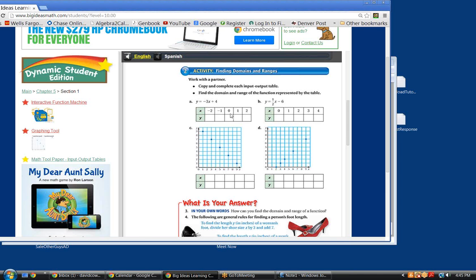But they want us to think about it in terms of a table, a non-continuous function. In other words, the dots that they've plotted on this graph, the domain would be only from minus 2 to 2.